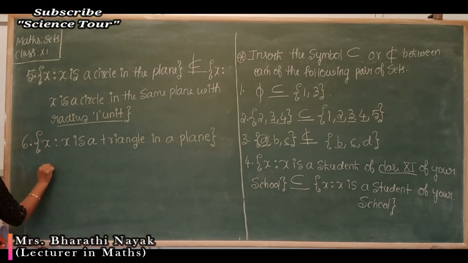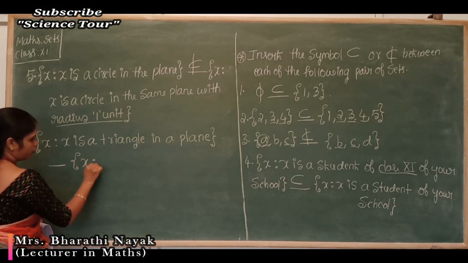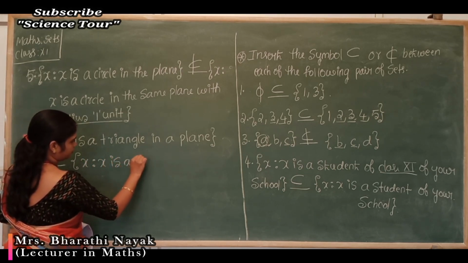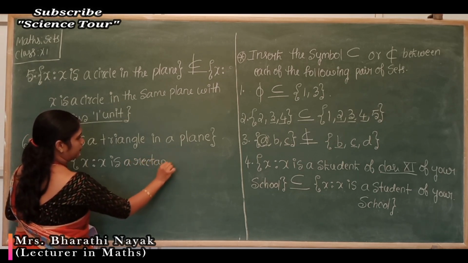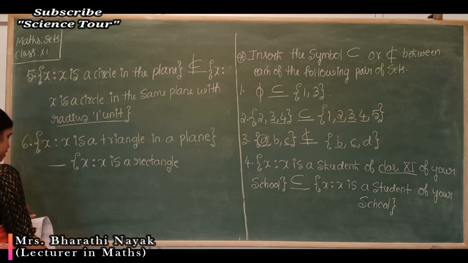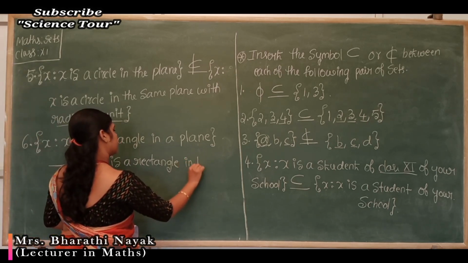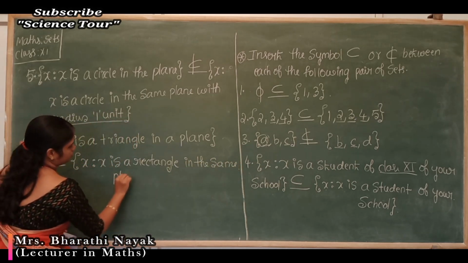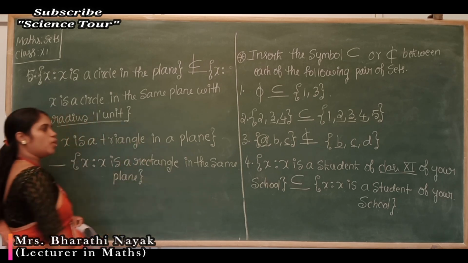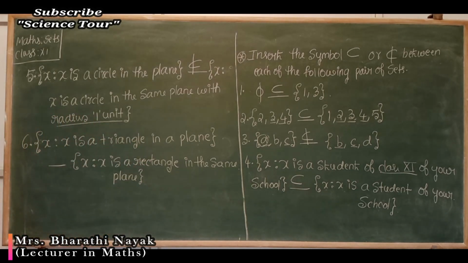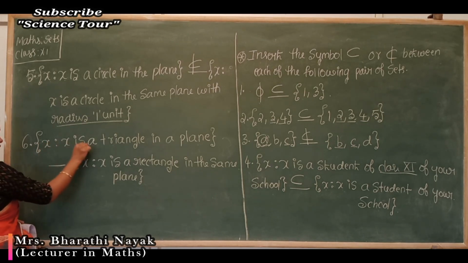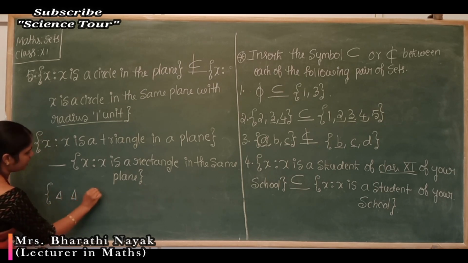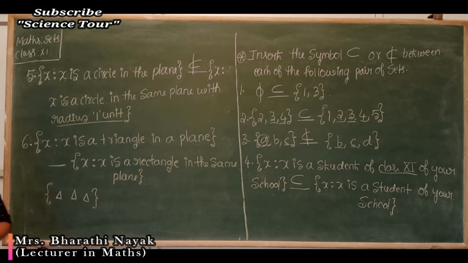Your second set is about the set of all x such that x is a rectangle in the same plane. So what is the meaning of this? See, your first set contains x is a triangle in the plane. So your first set contains only triangles. It may be a big triangle or a small triangle.